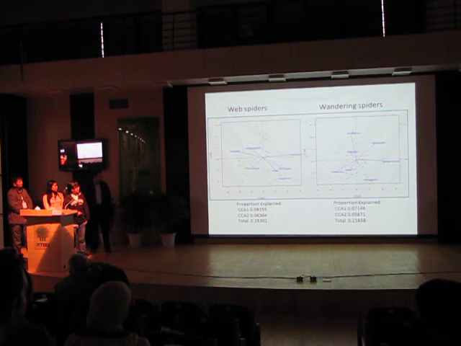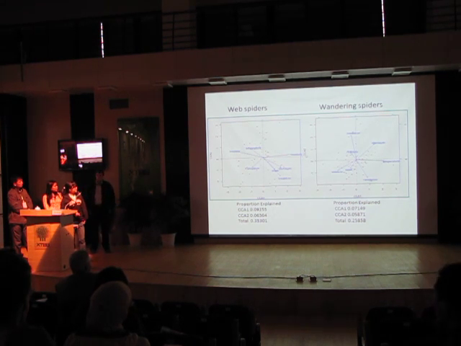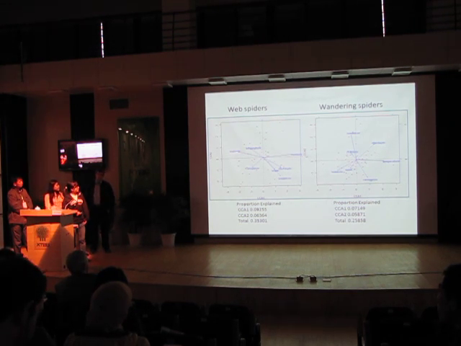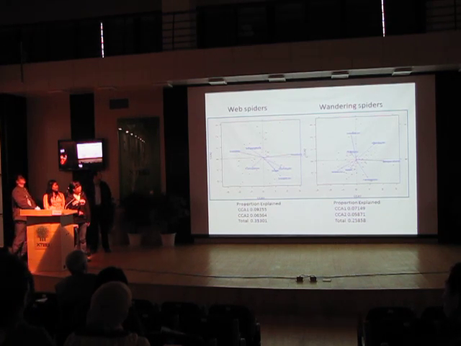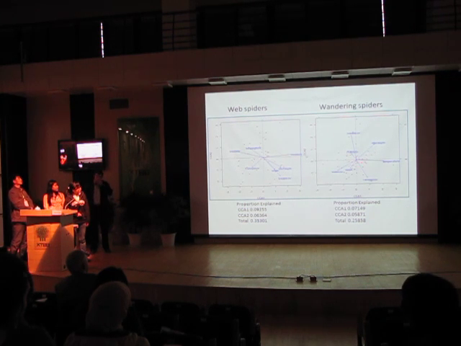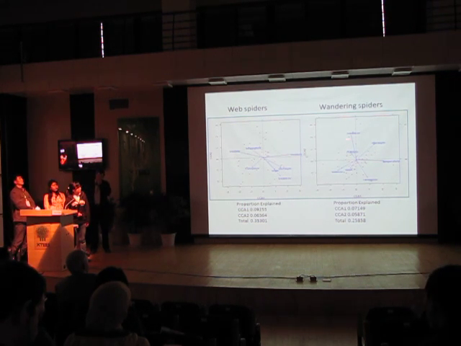The black circles mean different plots, and the red marks mean different species. We can see some differences between them. For web spiders, moisture and canopy coverage play a more important role, and for wandering spiders, soil temperature and grass coverage are more important.